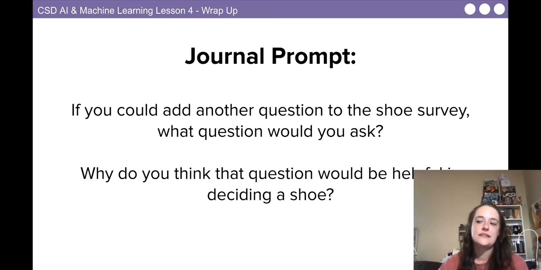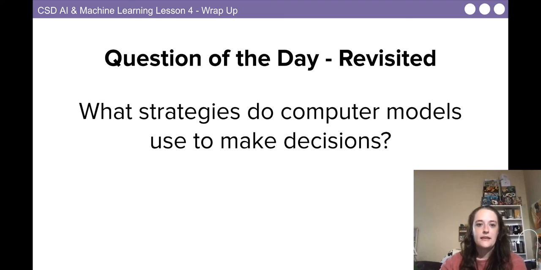And also don't forget to add the key vocabulary from the lesson. And I also want you to add this to your journal, okay? You may need to add a new slide or something, but what strategies do computer models use to make decisions? If you didn't learn that in this lesson, were you even really trying?